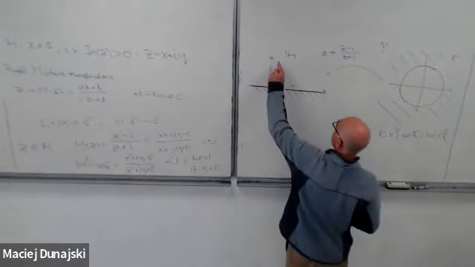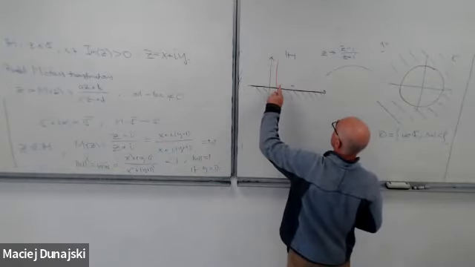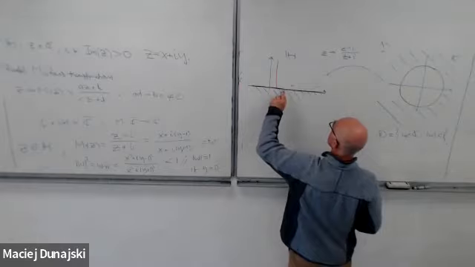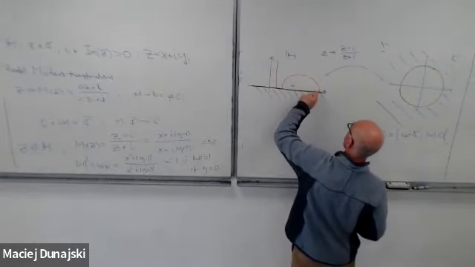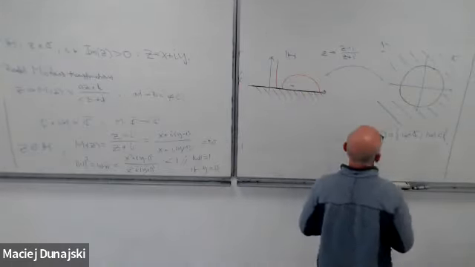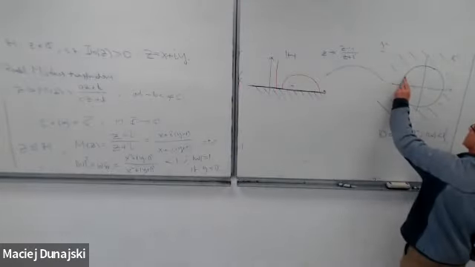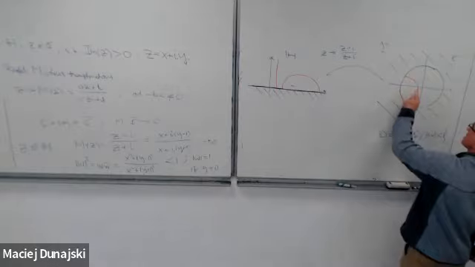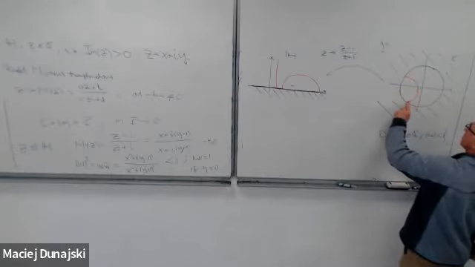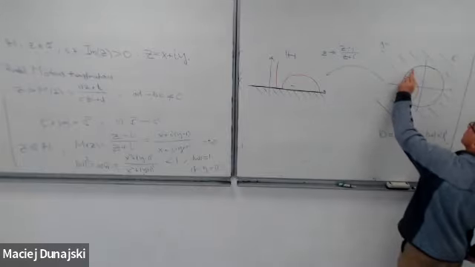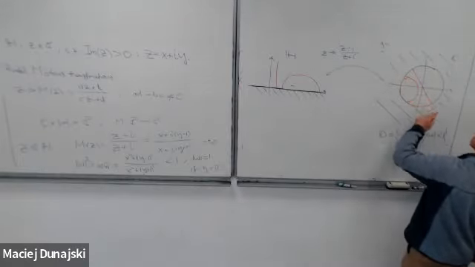There are two types of geodesics: the straight lines and the semicircles. And they'll be mapped to either semicircles intersecting this boundary at 90 degrees or to diameters.